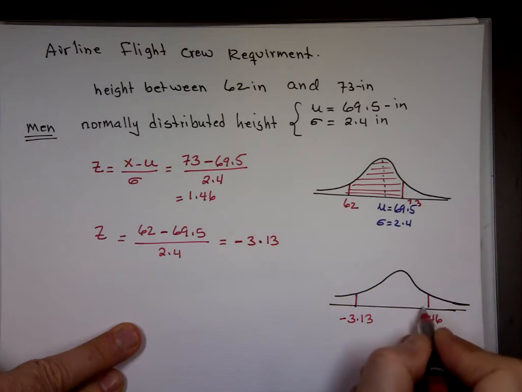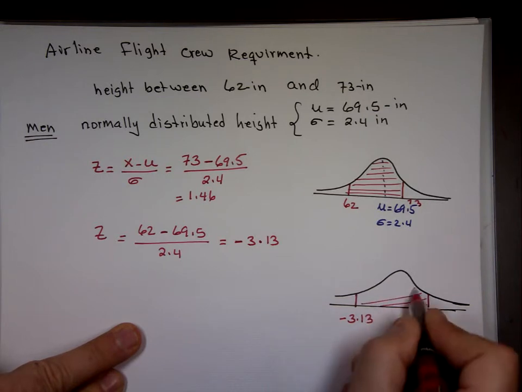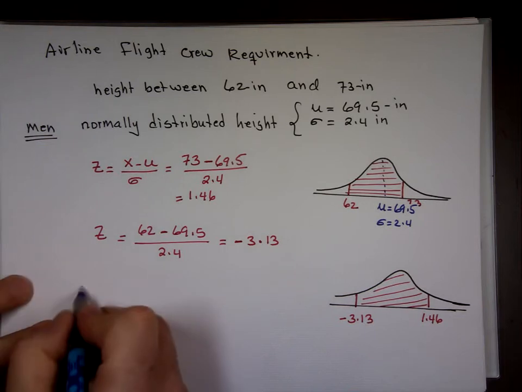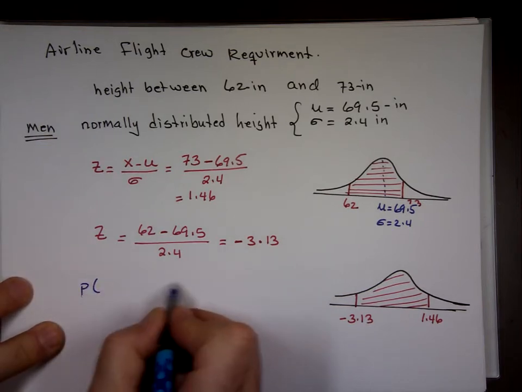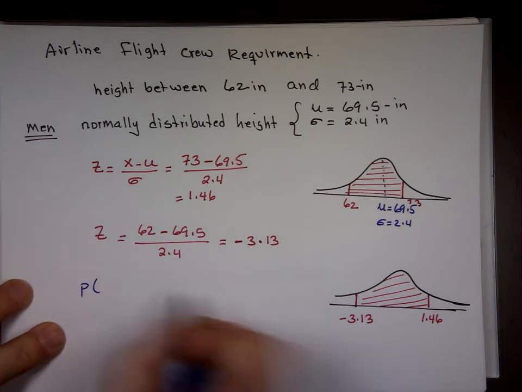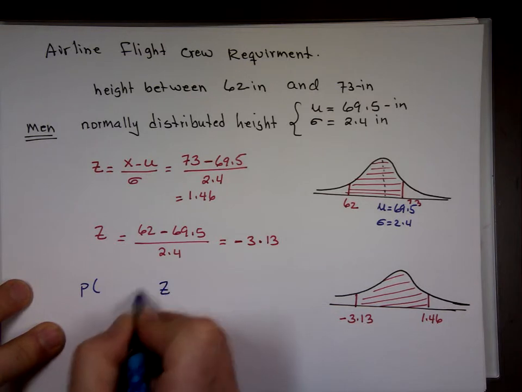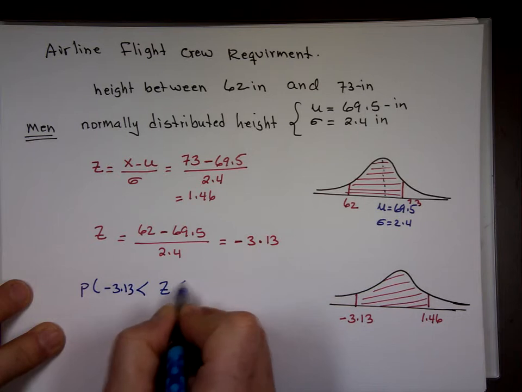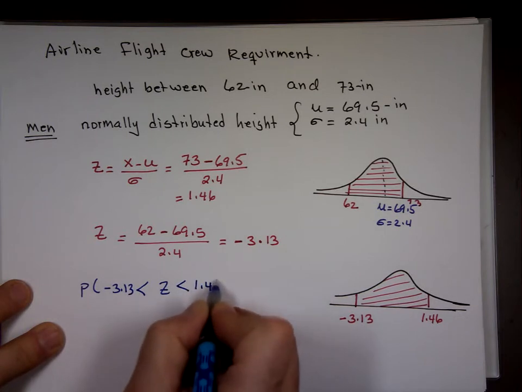So we found the z value for each one, and now we need to find what percent of the people fit that. So the question, what is the probability that a person can be between these two heights? Has to be bigger than negative 3.13 and less than 1.46.